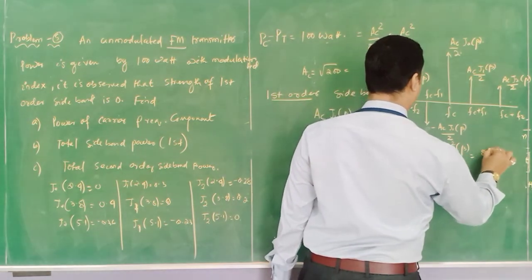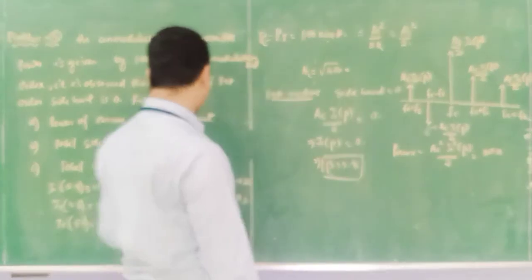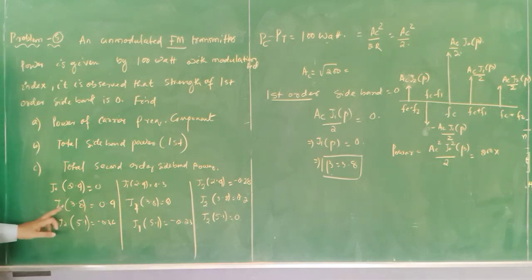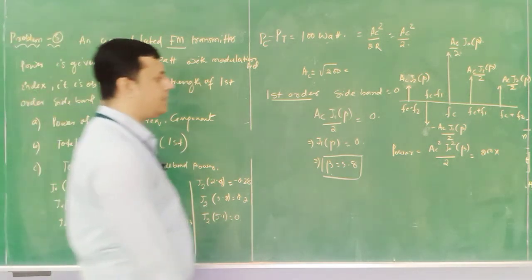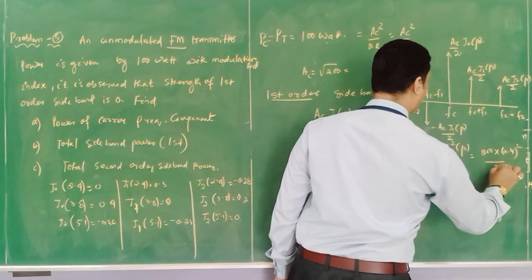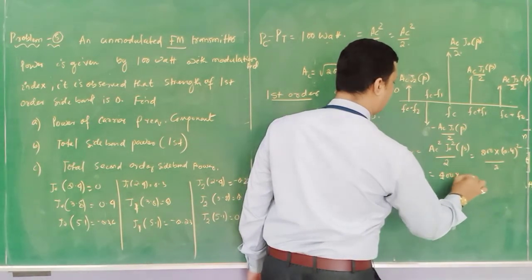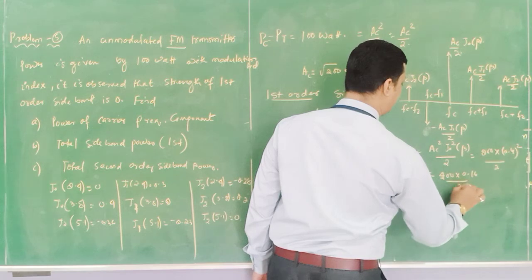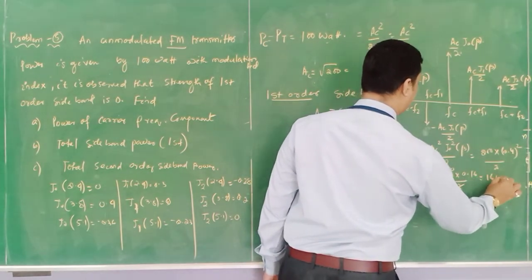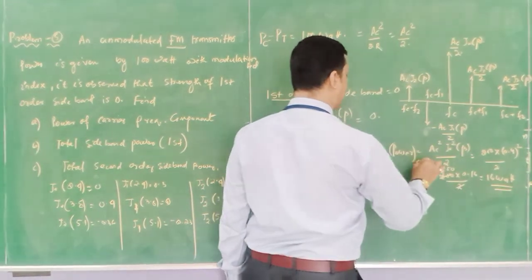So it is 200 into J0 square of beta. J0 of 3.8 is 0.4, so it is 0.4 whole square. So it is 200 into 0.16 divided by 2. So this is 100, and this will become 16 watt. So this is the power content in the carrier.